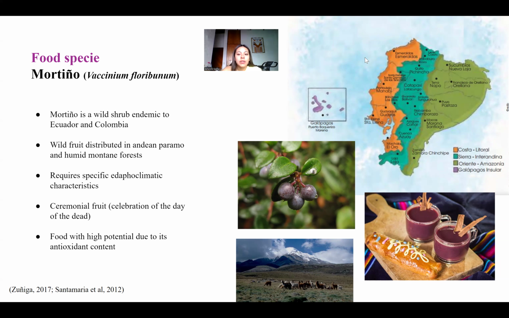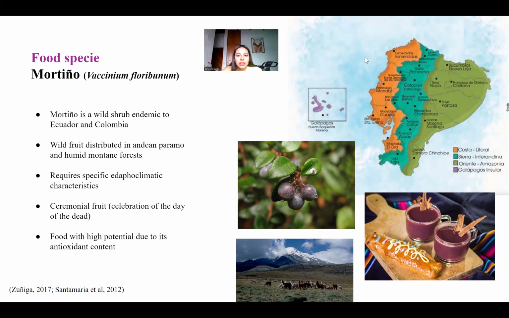In Ecuador, we consider it a ceremonial fruit because, despite being used in different preparations, it's generally used for a traditional drink for the Day of the Dead, known as colada morada. This fruit has high potential because it has a high antioxidant content.